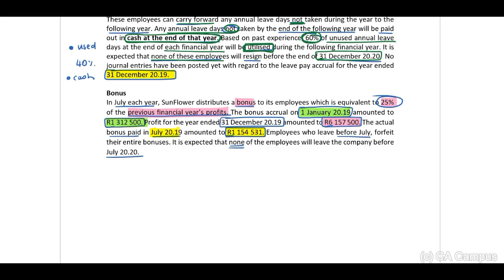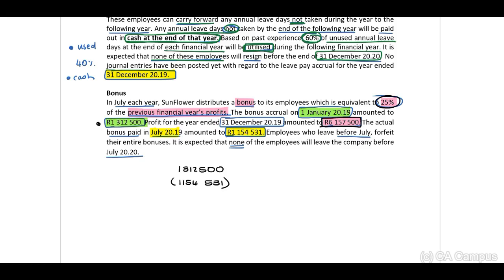Therefore, it's easy for us to identify that our opening balance is the 1312500. An amount was paid during the year to the value of 1154531, and they need to recognize, guys, 25% of the profit.